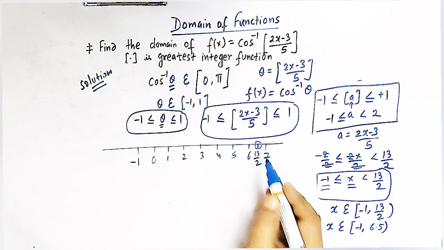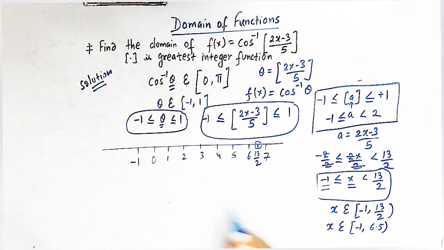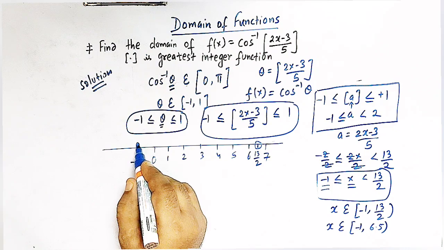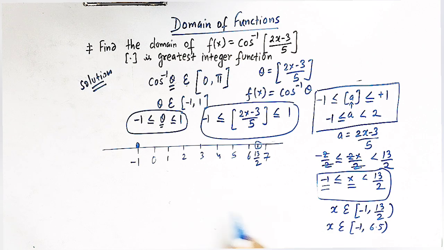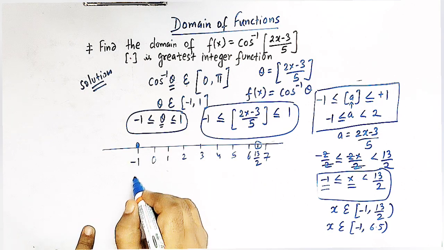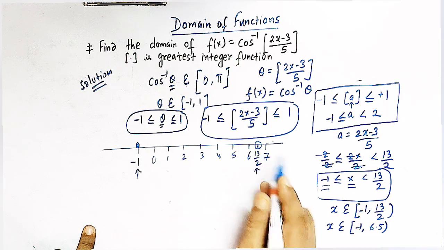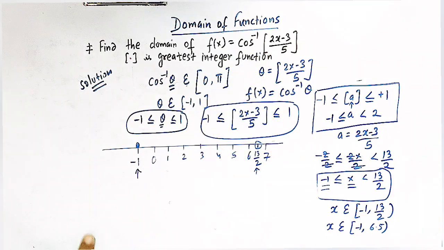It implies that 13 over 2 is not included. And here we have -1, and we'll draw a dark circle which suggests that -1 is included. So all the values which lie between -1 and 13 over 2 belong to the domain of this function.